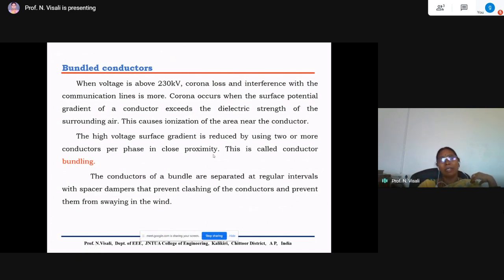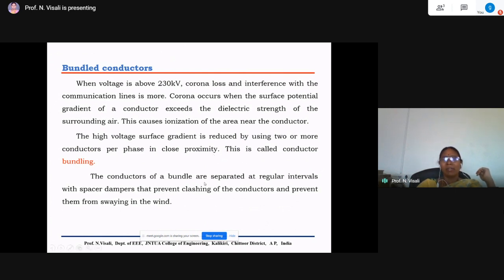Instead of that, now per phase we can increase the number of conductors so that the voltage gradient is reduced. The 2 or 3 conductors are connected in such a way that they look like a single conductor, and this type of connection is known as conductor bundling.